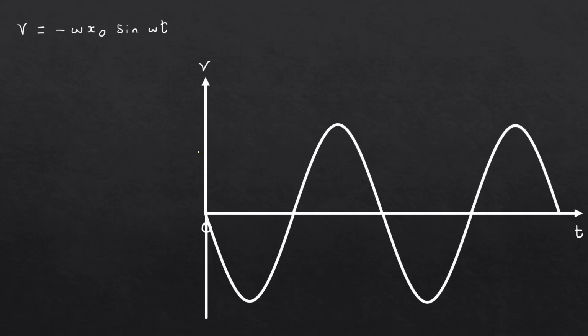So now let's look at the velocity. So the velocity again, we have a maximum at T by 4 and we have a maximum at 3T by 4. You can verify this by evaluating the expression.